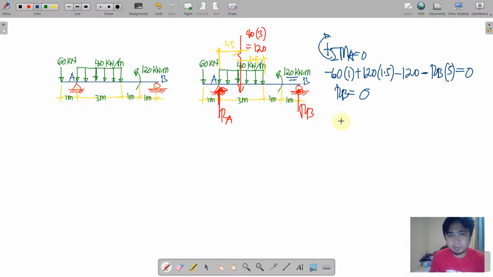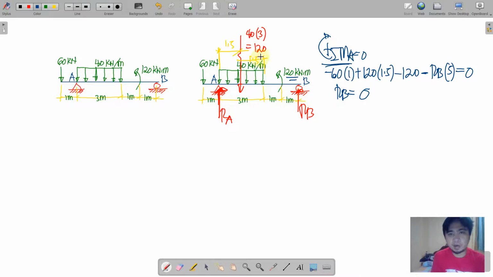So why is that happening? Is it possible that your reaction at B does not have any force to resist? Yes, it is possible because that is what we have computed. And secondly, because of 120, this shall be lifted so that RB wouldn't have any vertical force to support. Okay, so we will now have an obvious reaction at A, that A shall carry all of the vertical forces now.